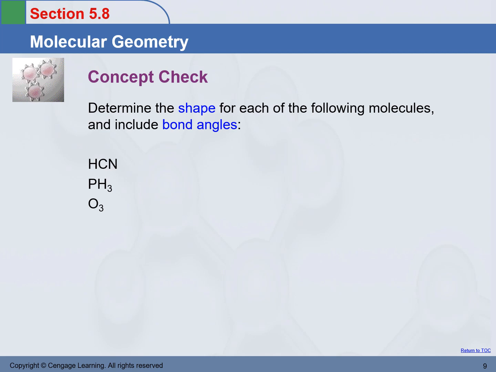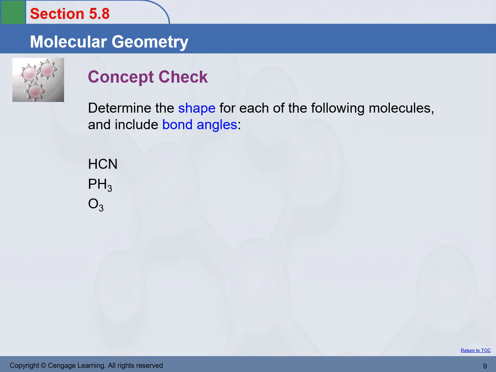Follow the steps laid out earlier. Slow down, don't rush, don't miss anything. Draw the Lewis structure, predict the electron groups around the center atom, predict the electron arrangement around the center atom, start connecting outside atoms to those electron groups, and make the final decision on the molecular geometry.